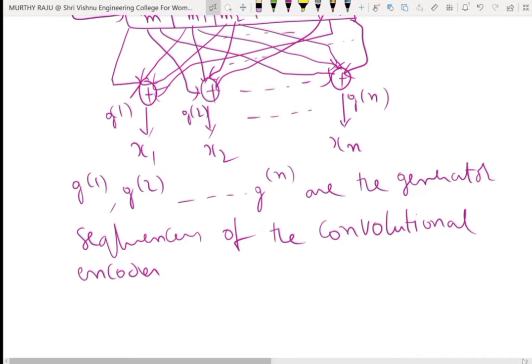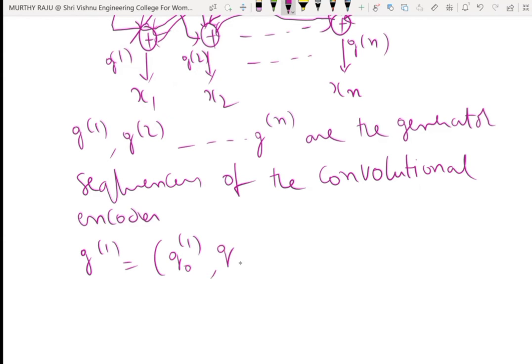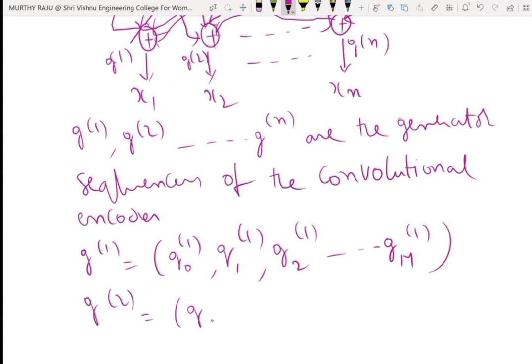Individually, these sequences are defined as GF1 is equal to G0 of 1, G1 of 1, G2 of 1, and so on, Gm of 1, and GF2 is G0 of 2, G1 of 2, G2 of 2, and so on, Gm of 2.